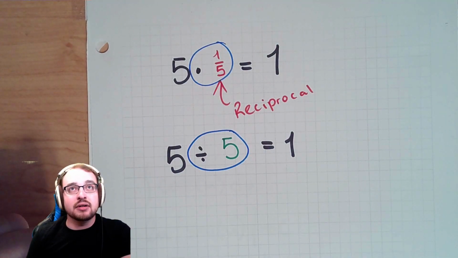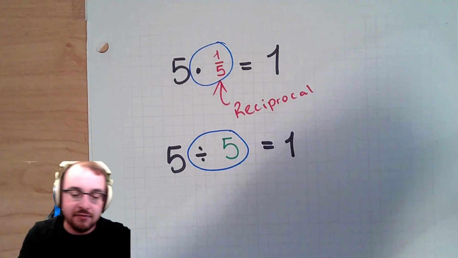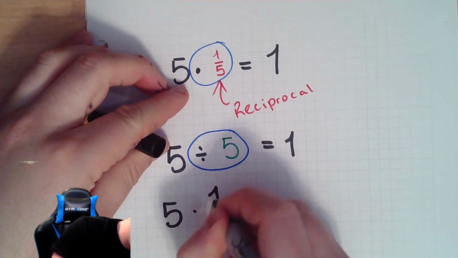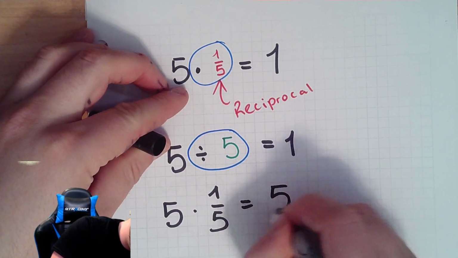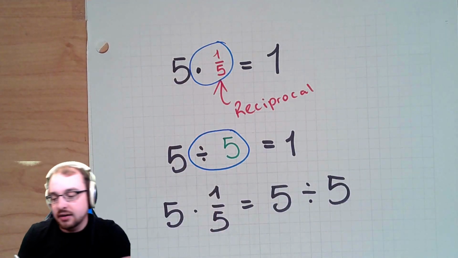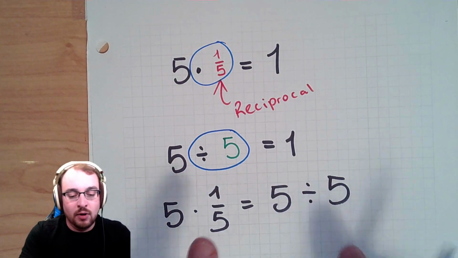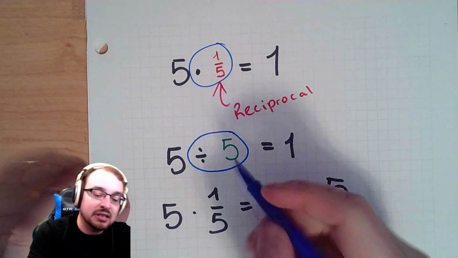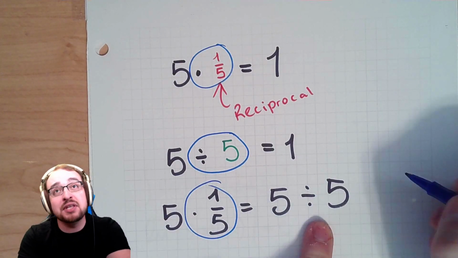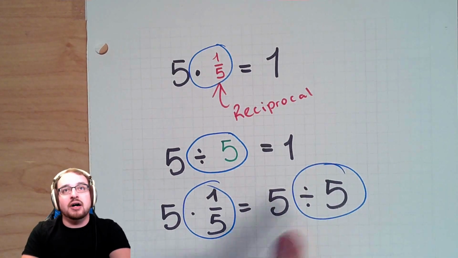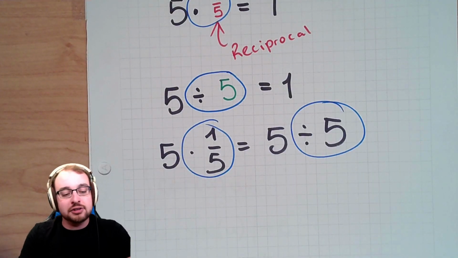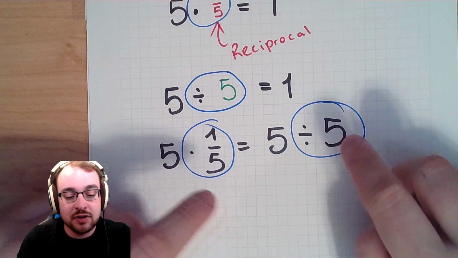They get you the same thing. So basically we know that 5 times 1/5 is the same thing as 5 divided by 5. And we know that 1/5 is not the same thing as 5, but timesing by 1/5 must be the same as dividing by 5.